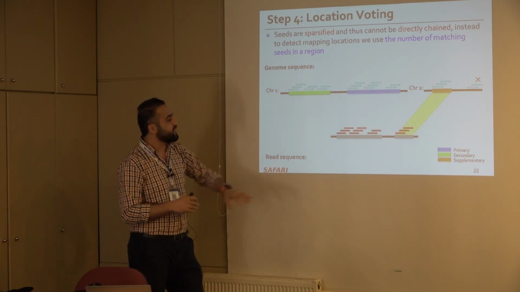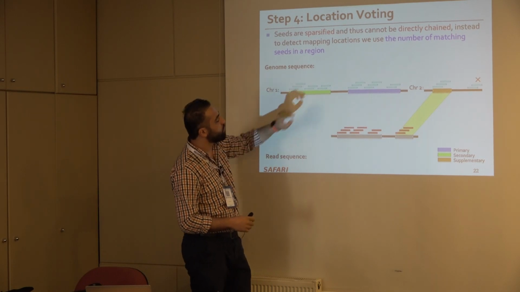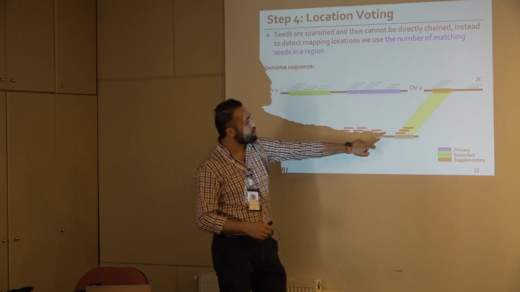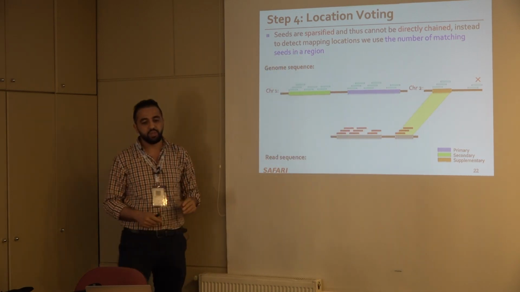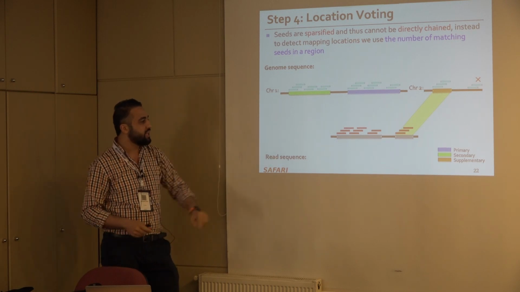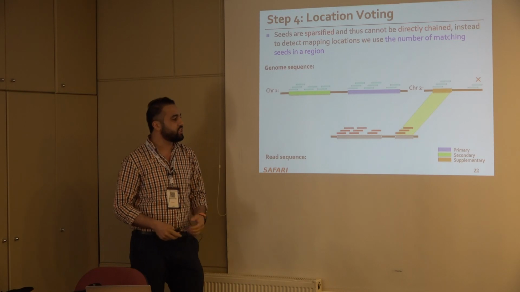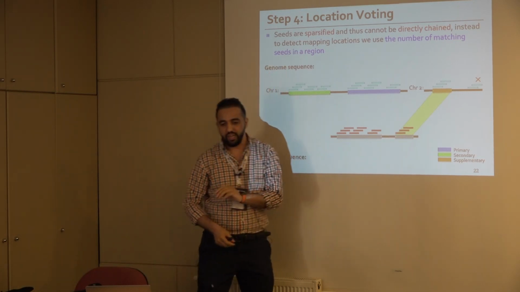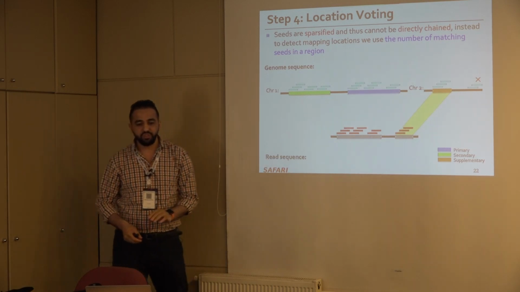So what we do basically, we find those seed matches, and then we find the mapping location over the reference genome. And for that group of seed matches, we find another location somewhere else, because that gap caused this split between the 2 alignments. And we call one of them the primary alignment, depending on which one is larger, and the other one the supplementary alignment. Again, this approach is already adopted by other read mappers.